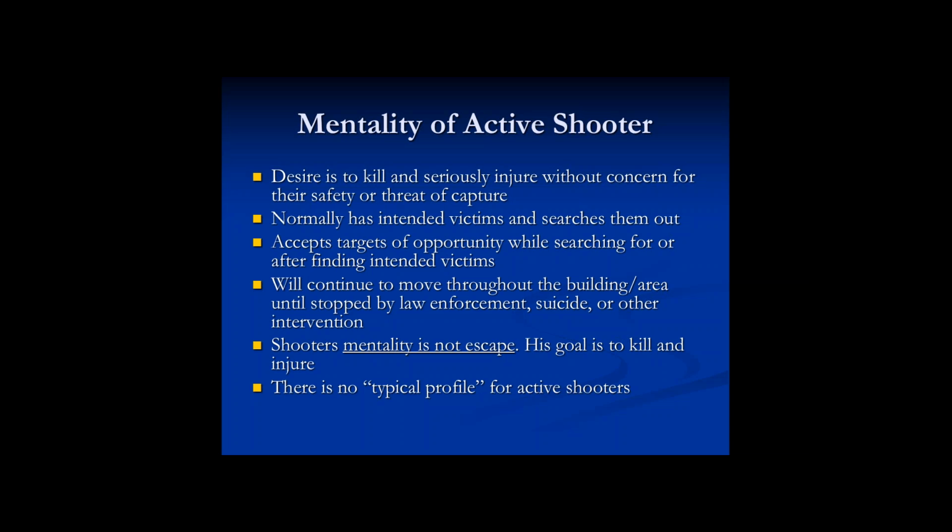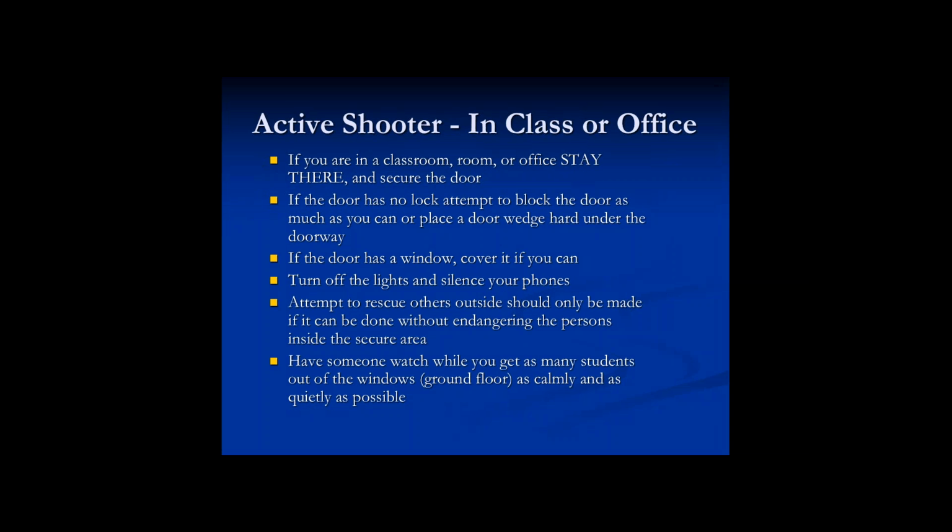It will continue to move throughout the building and throughout the area until it's stopped. And this next to last bullet point, shooters in this situation, their mentality is not to escape. The goal is to kill and to injure, and there's no exit strategy involved. So, bottom line is there is no typical profile for an active shooter.